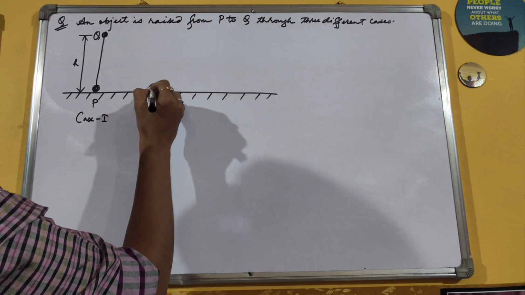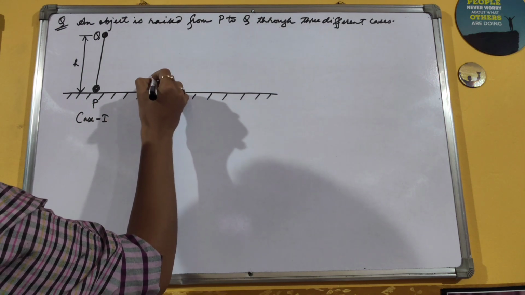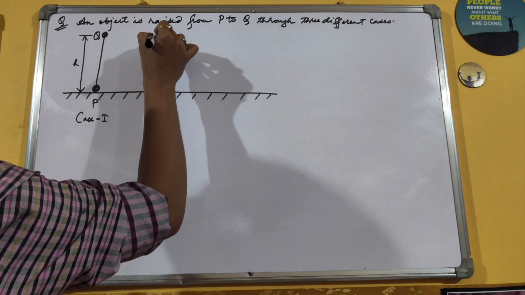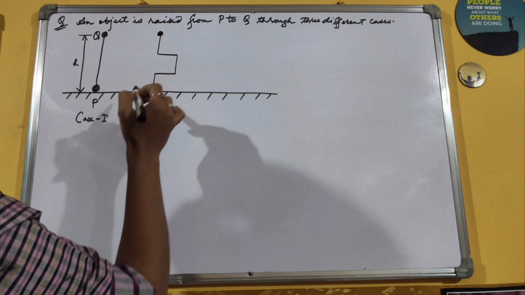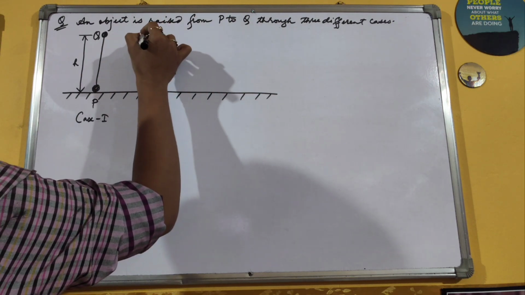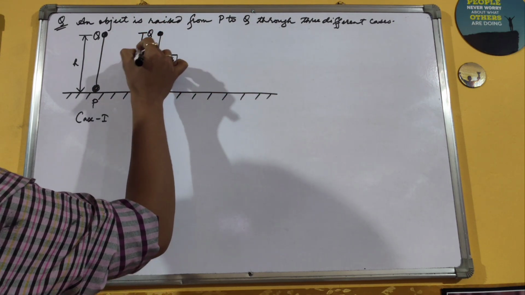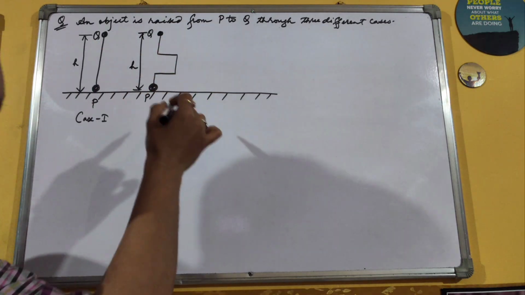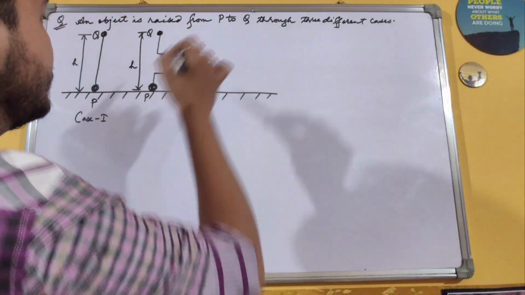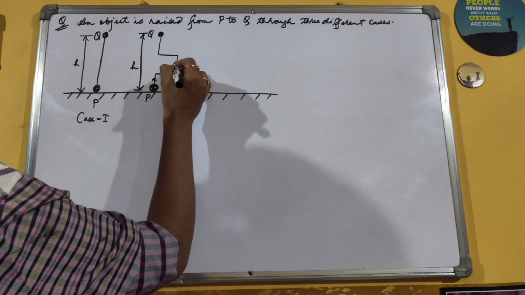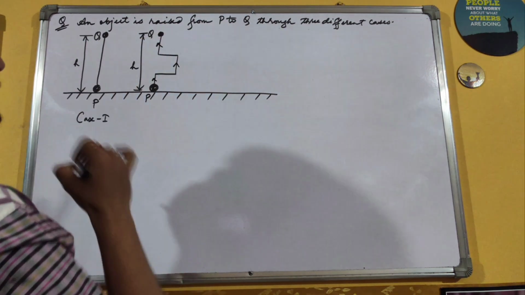In another situation, the object is raised like this from P to Q. The height remains the same. The height through which the object has been raised from P to Q remains the same, but through a different path, kind of like this.